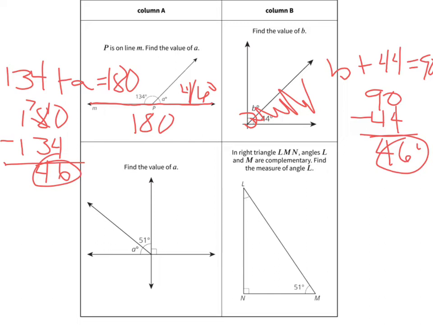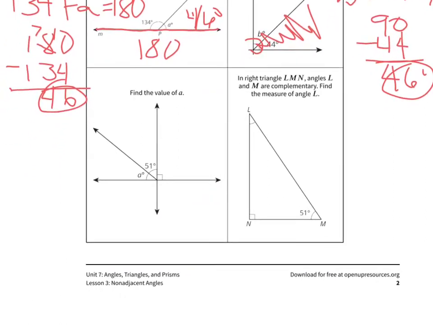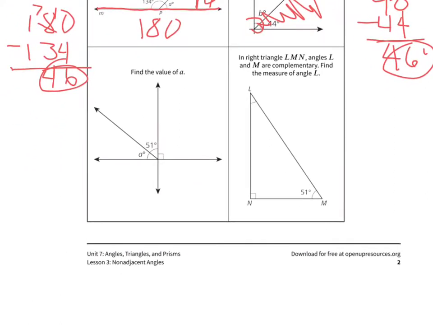Let me scroll down here for a second. Okay, so once again, we have a straight line here, and if we know this side is 90, we also know this side over here is also 90. So we can go angle A plus 51 degrees equals 90.